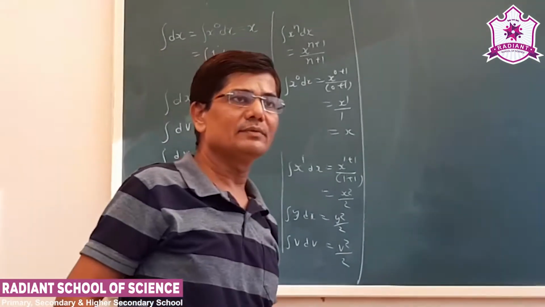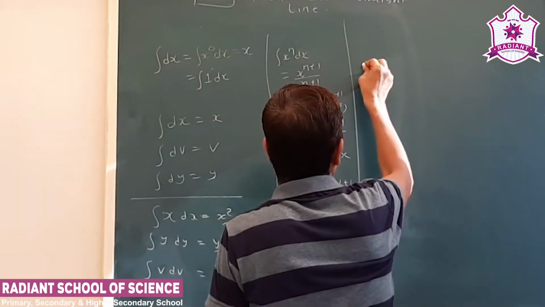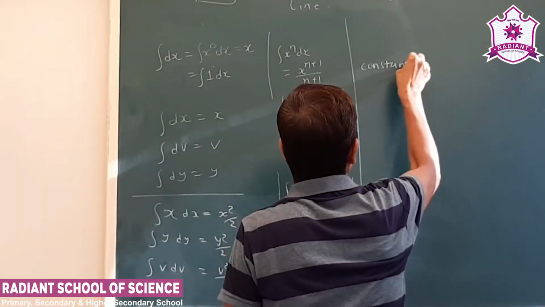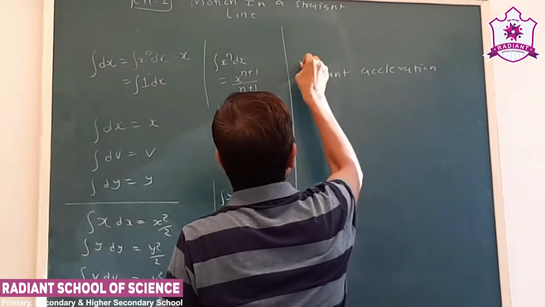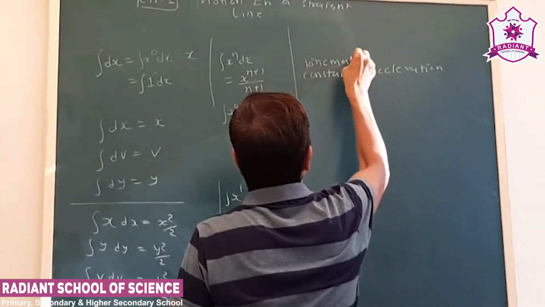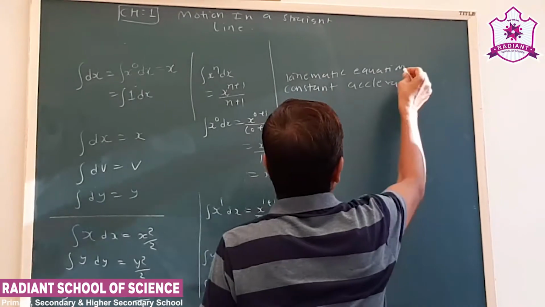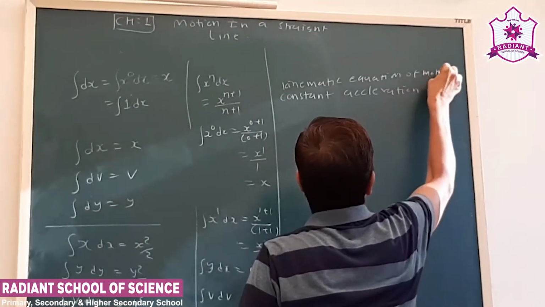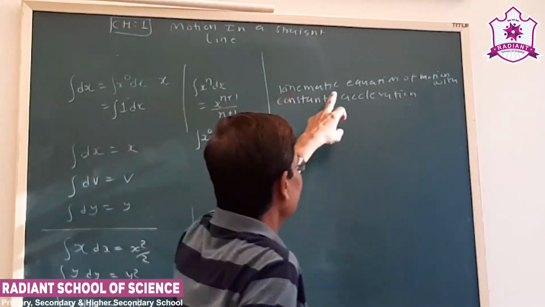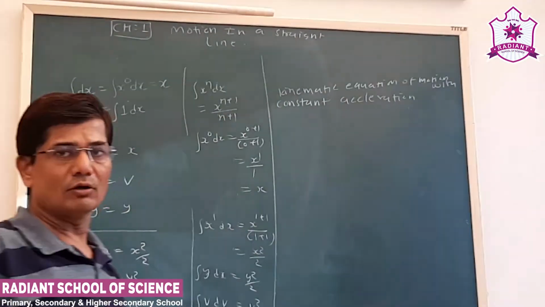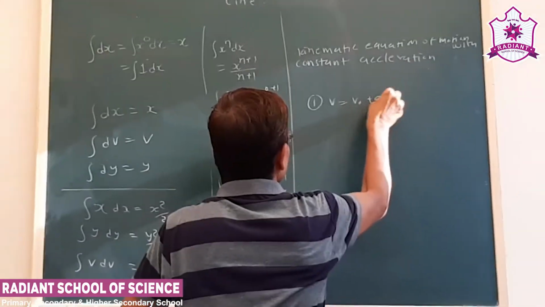Now, in the earlier lecture we derived the kinematic equations of motion with constant acceleration. The first was v is equal to v naught plus at.